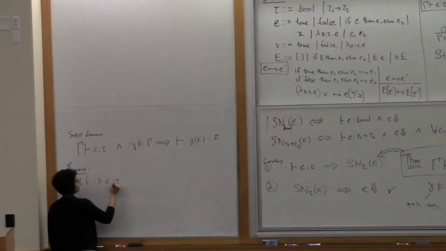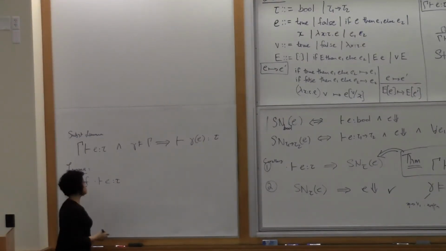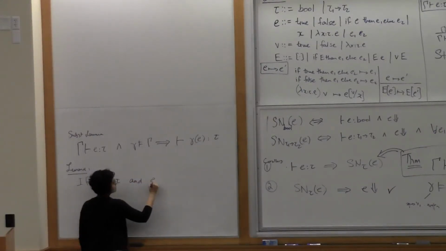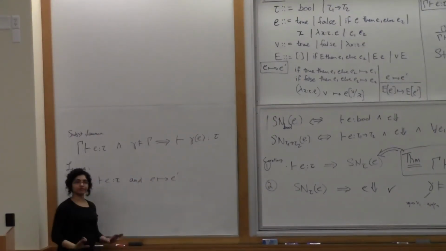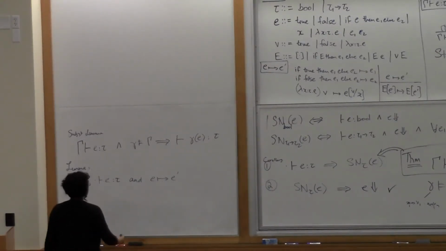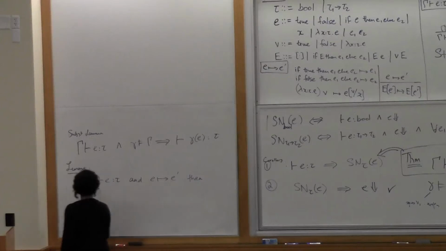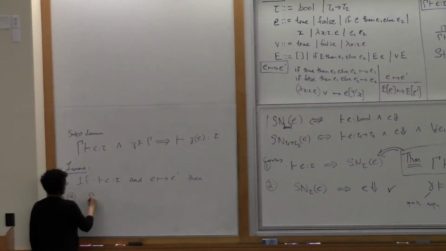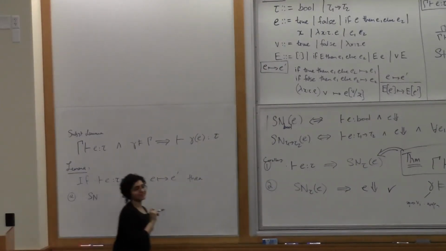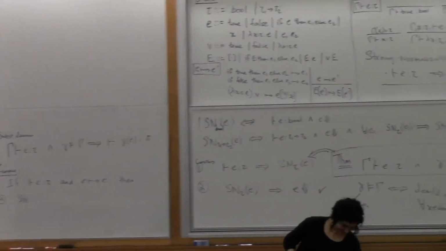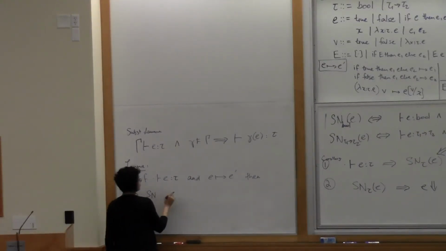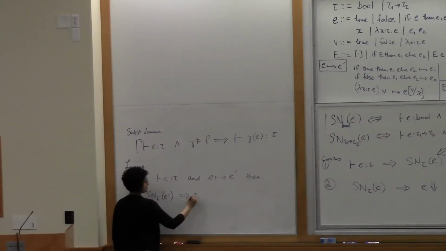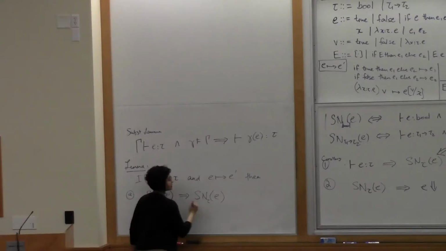Basically, if you have some expression E of type tau, and E takes a single reduction step to E prime, then we want to show that the following two things are true. A, that if E prime is strongly normalizing at type tau, then that implies that E is strongly normalizing at type tau.